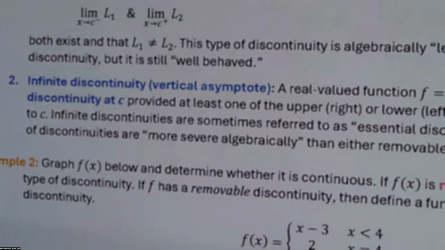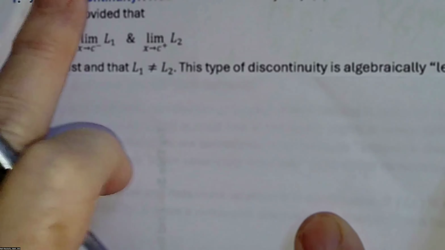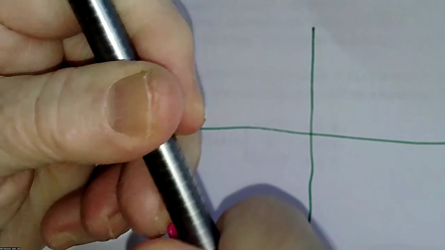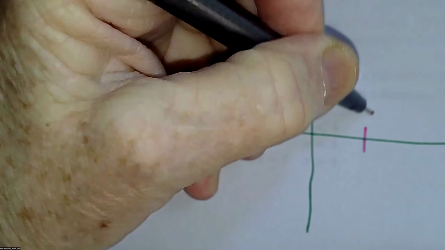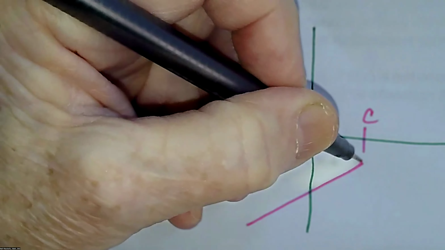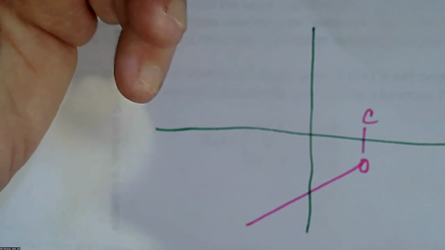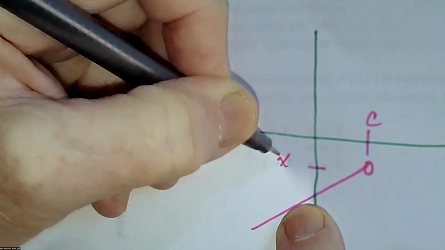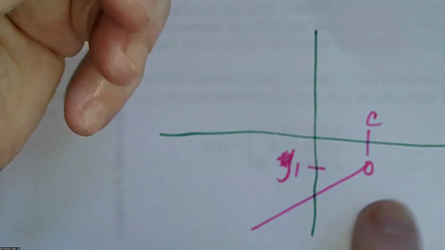If we have a jump discontinuity, that would be something like this. So here's c. The limit from the left is going up to some y1 value.